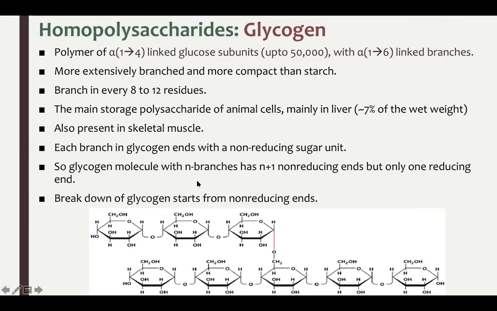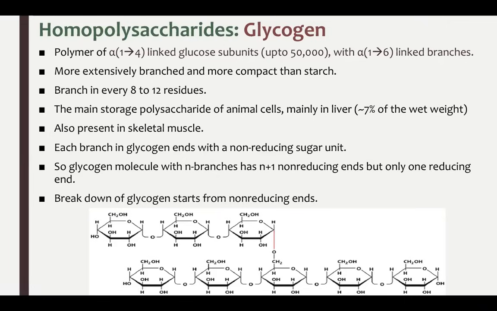Breakdown of glycogen starts from the non-reducing ends. When we do not have an adequate amount of glucose inside our body and we do not take a lot of food during our fasting time, then the stored glycogen starts to break down.